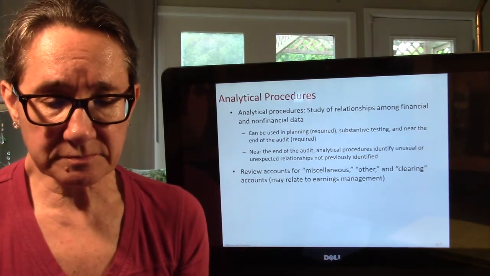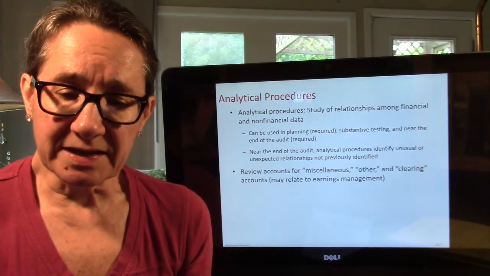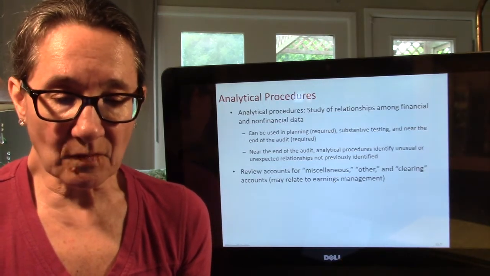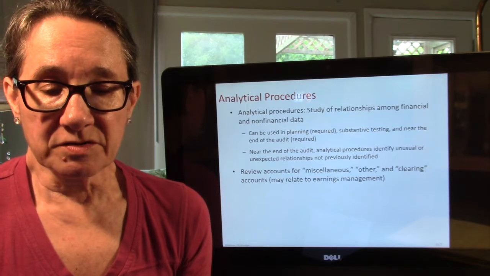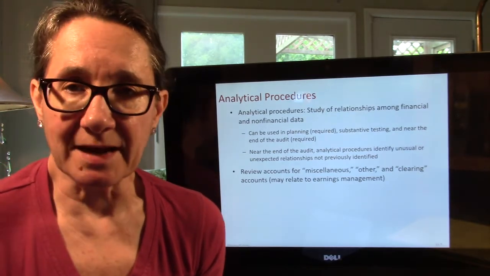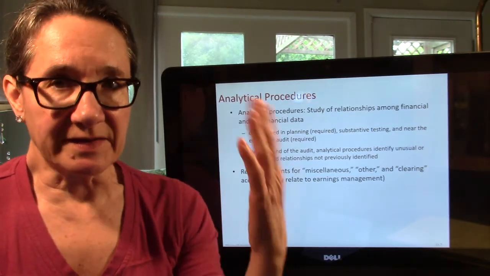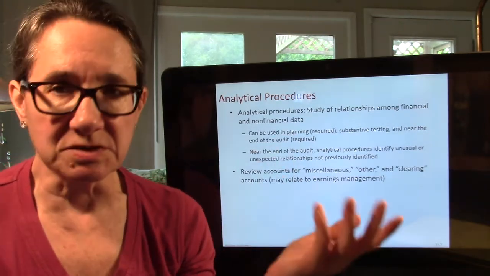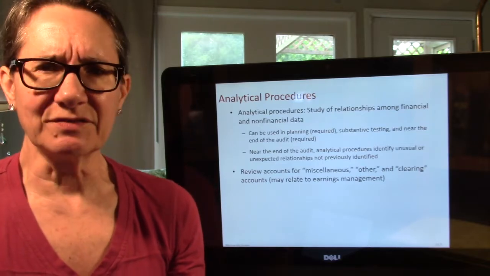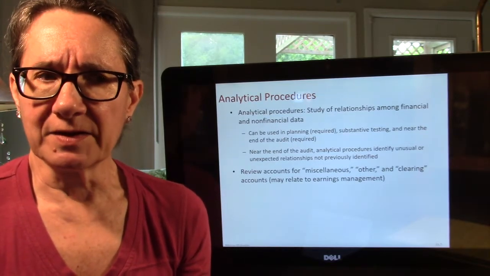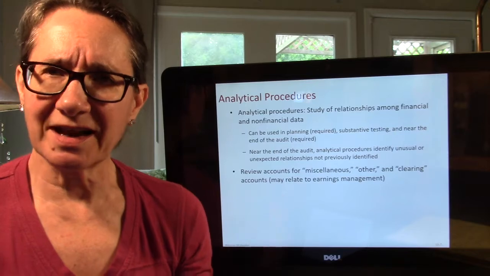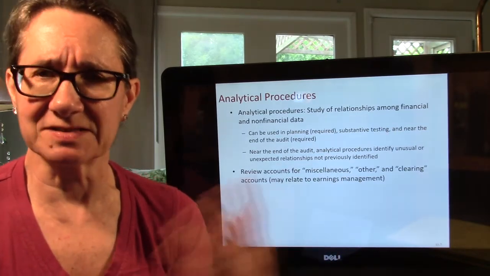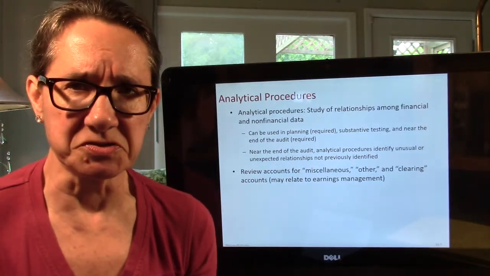You'll do them again at the end of the audit, just making sure that nothing unexpected has happened. Now that you've got the final numbers for December 31st, does that gross margin make sense? That inventory turnover, wow, we did the inventory and we checked it, but look at that inventory turnover. That's really slow moving. I wonder if there's something obsolete. So you do these final analytical procedures with your final numbers.